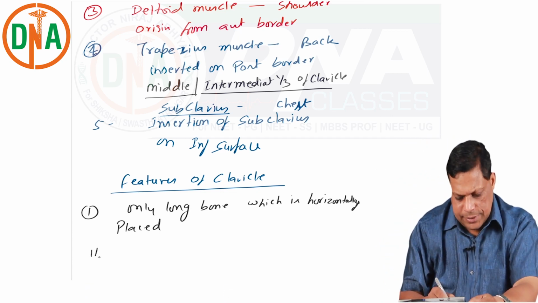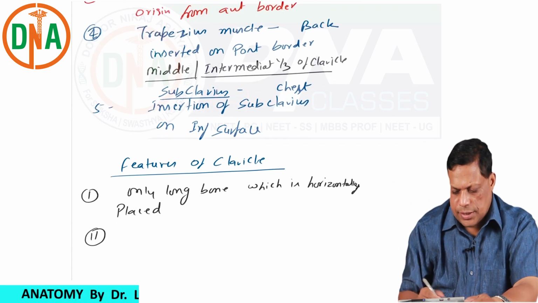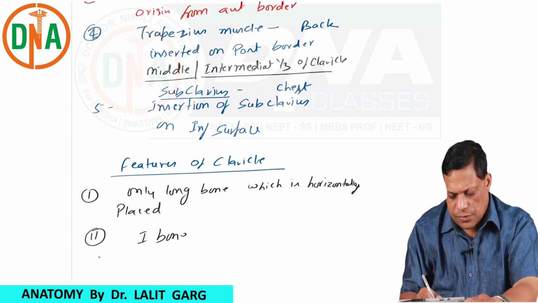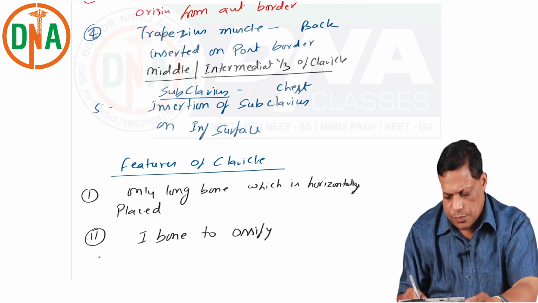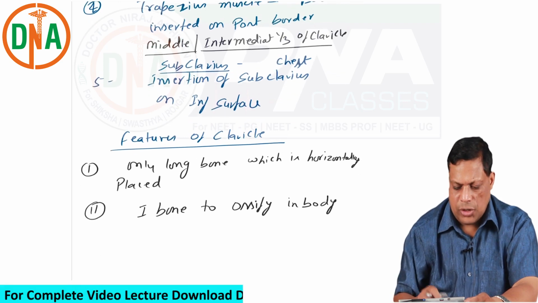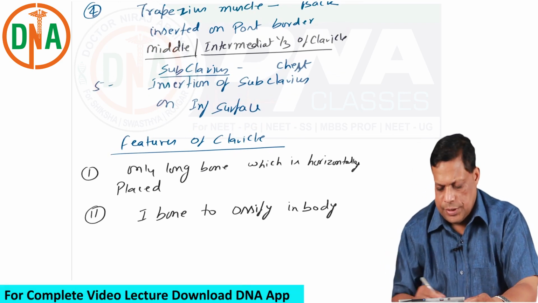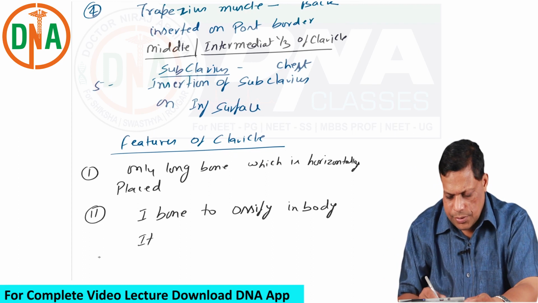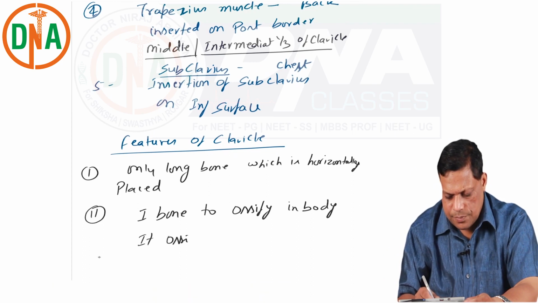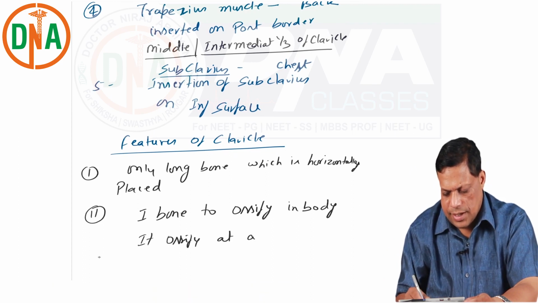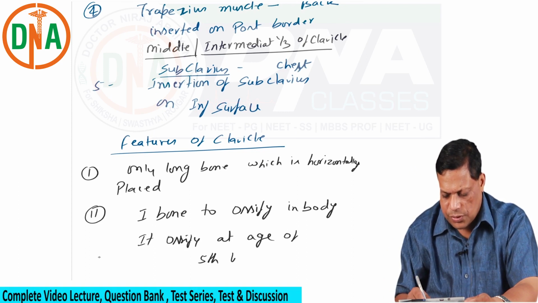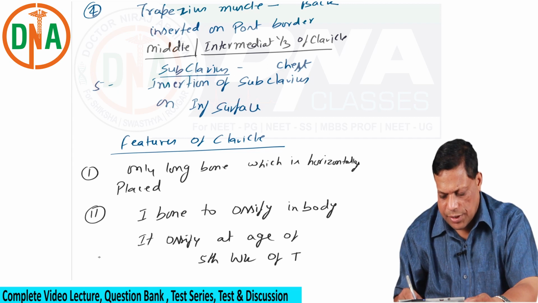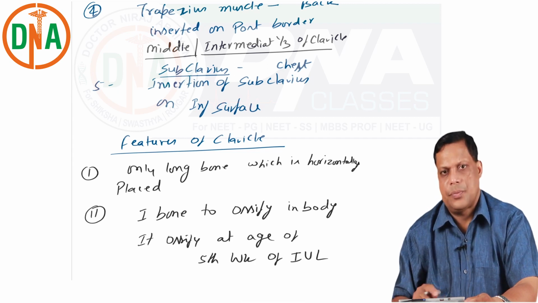The second is, it is the first bone to ossify in the body. At what time does this bone formation begin? It ossifies at the 5th week of intrauterine life.